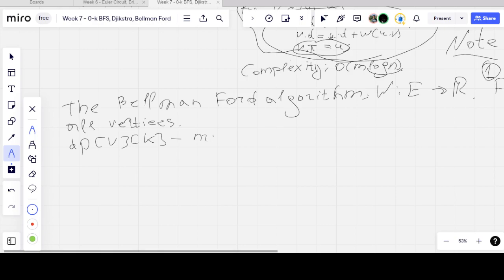In this array we store the minimal lengths of paths from S to v which contain less than or equal to k edges.